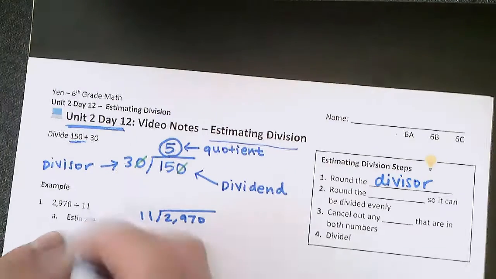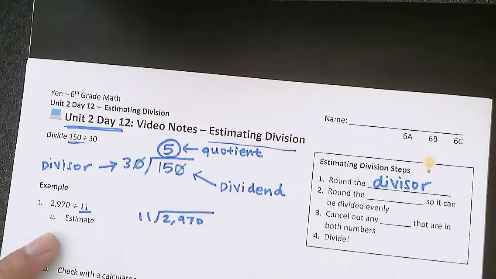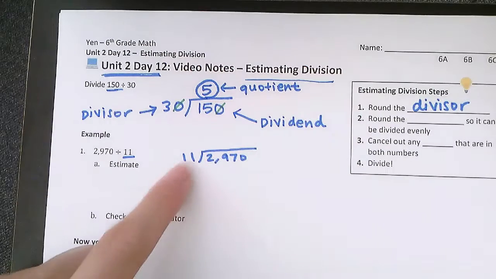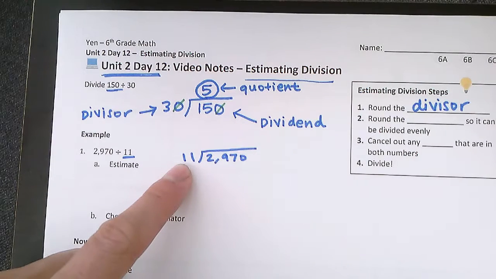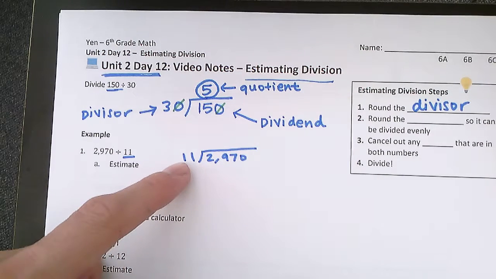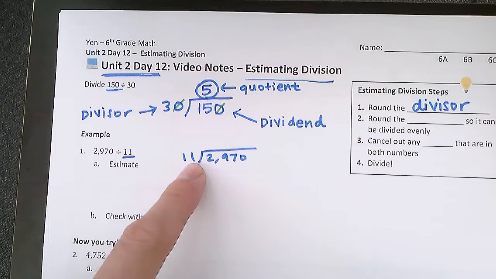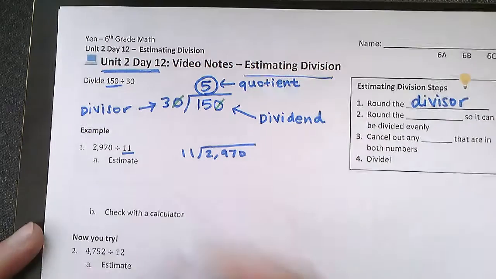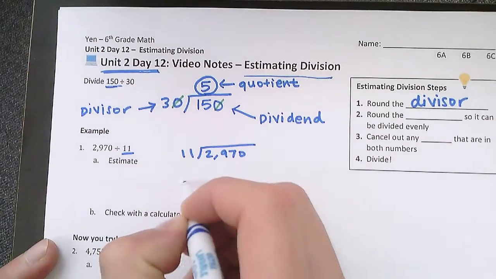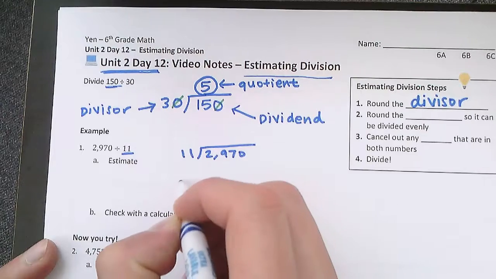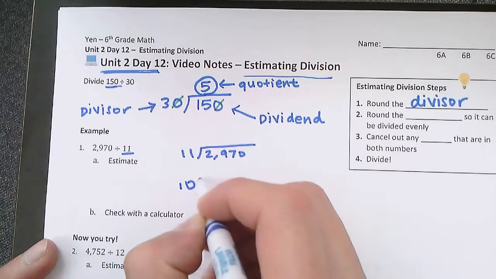That's the number we're dividing by, this 11. Look at the first digit. It's in the tens place, so we're going to round 11 to the nearest 10. 11 is going to round down, because the second digit in the ones place is less than 5. So 11 rounds to 10. Below here I'm going to write down the rounded form, 10.